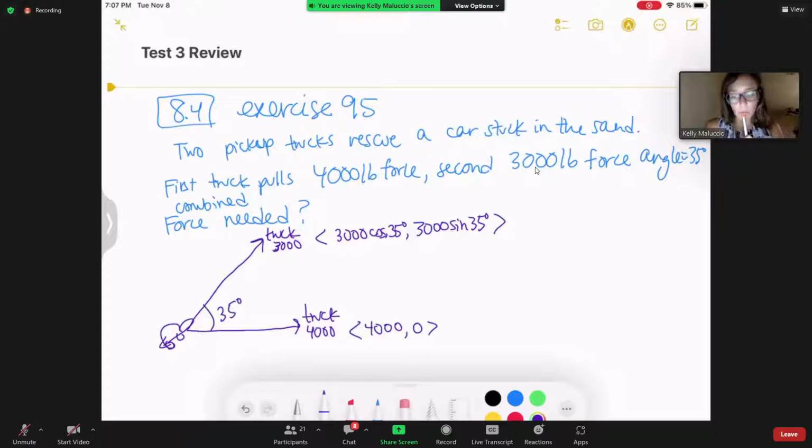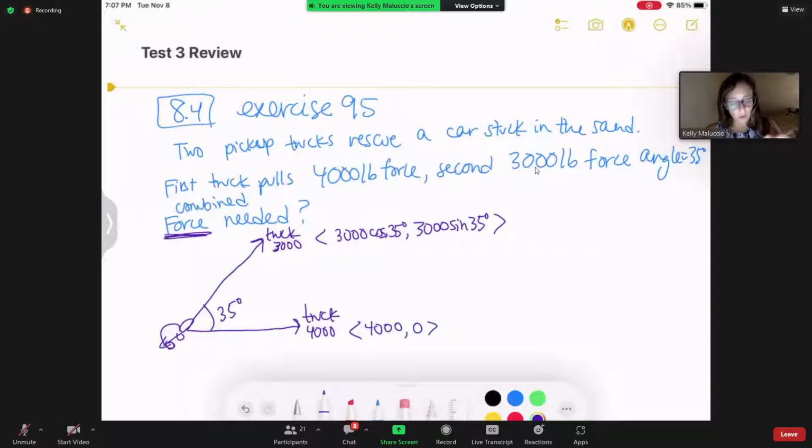So notice, this is a force problem, not a work problem. I do think on your test it's a force problem as well, but I did say to refer to a work problem too, just in case. And then 8.5 is the bearings and the speed and all that.